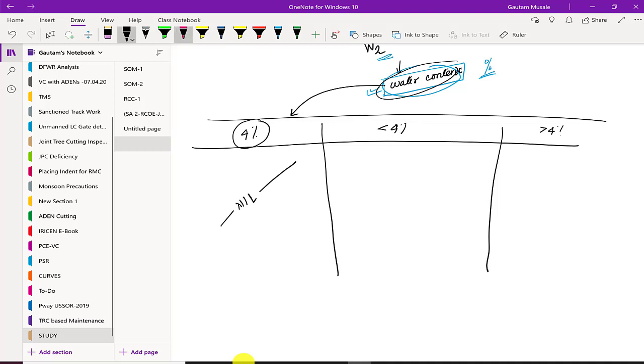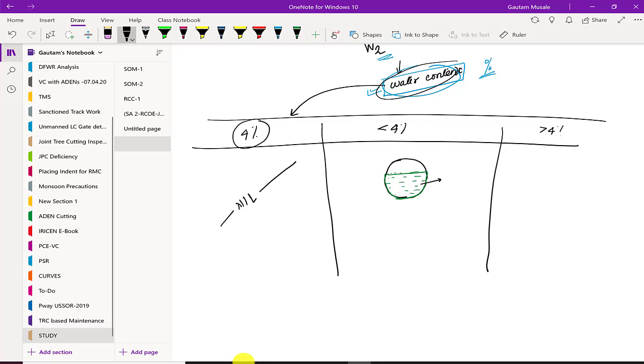Let us say the second possibility, that is when my water content is less than 4%. Now I would like to explain this. See, this is your stone aggregate particle, a sample particle, and when I say it is less than 4%, let us say this much amount of water it has absorbed.